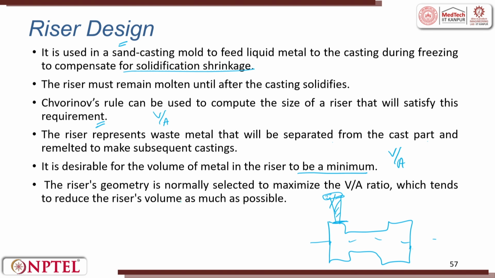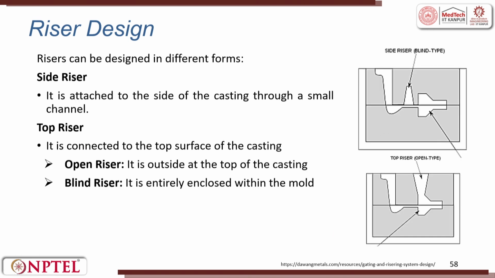The riser geometry is normally selected to maximize the V by A ratio, which tends to reduce the riser volume as much as possible. The riser can be a top riser, a side riser or a blind riser. The riser can be designed in different forms. One is the side riser, the other one is the top riser.